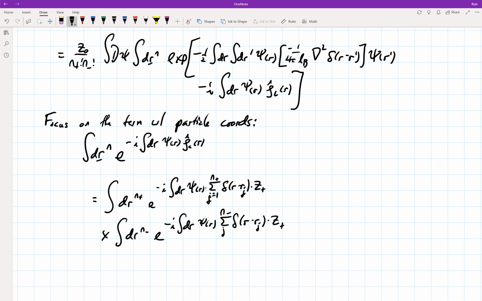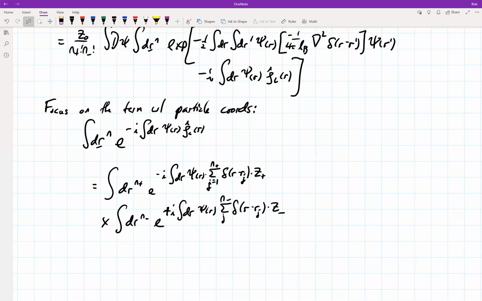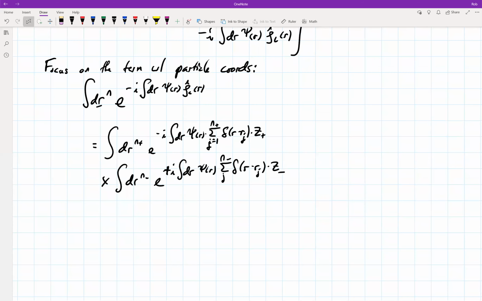I'm sorry, that should be a minus, obviously. And because we had the minus sign in the rho hat c on the negative ion terms, this prefactor becomes a plus. All right, so we end up with just an overall prefactor. And now, again, this is in the form of the standard molecular partition function form. We have an exponential with n plus independent terms, so we make that into a product of different exponentials, and then everything just multiplies together.